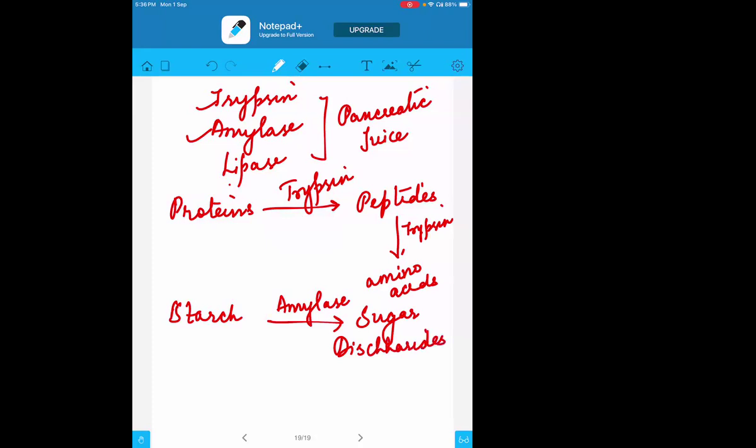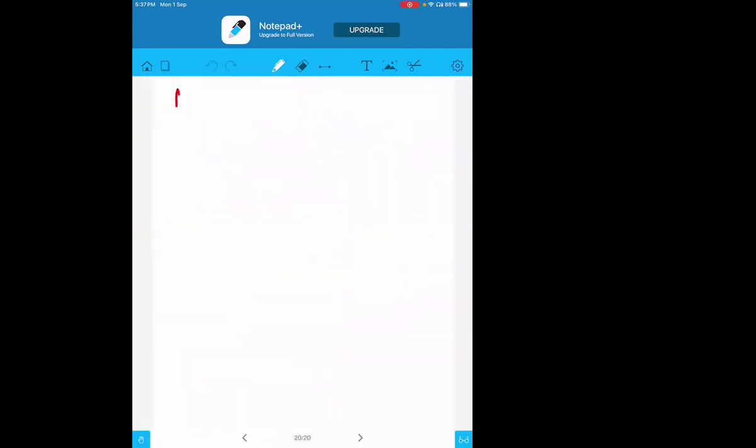Then this disaccharide sugar is converted into glucose finally. The third enzyme is lipase. Lipase works on the fats and breaks them down into fatty acids and glycerol.